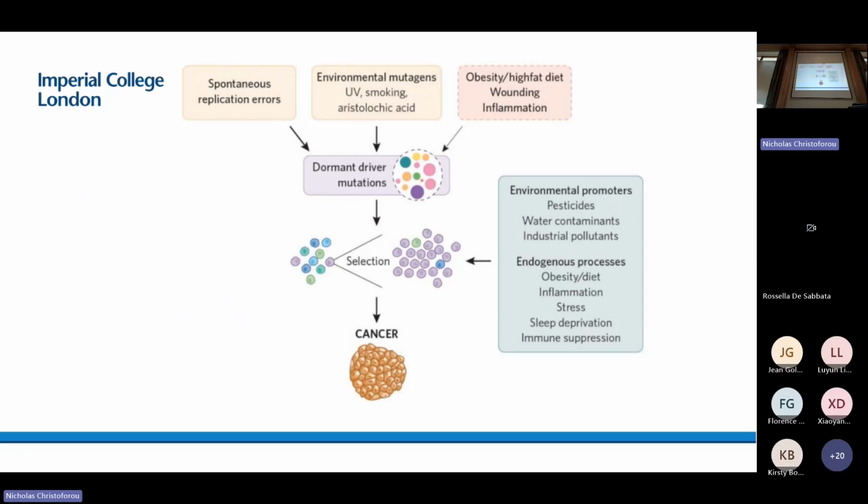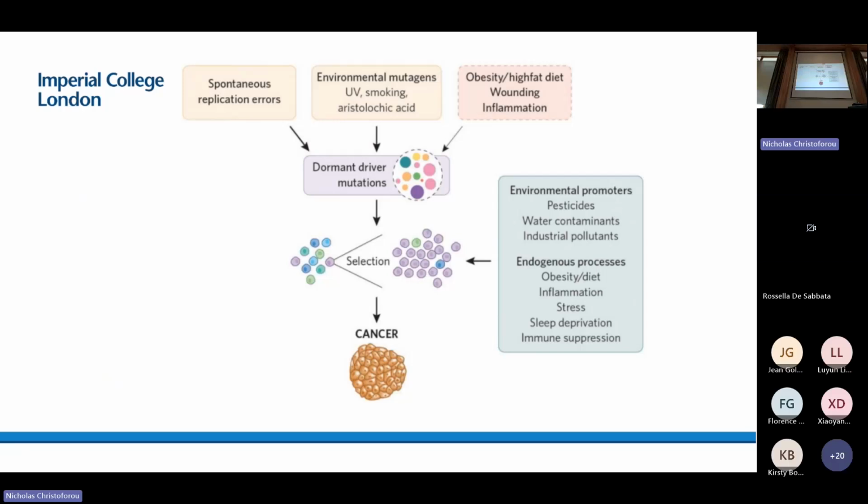So in this model, what we see is that we have cells which carry these dormant driver mutations, and they remain dormant until this promotion step, which many carcinogens might be acting as, so for example, some pesticides, some pollutants, obesity, diet.